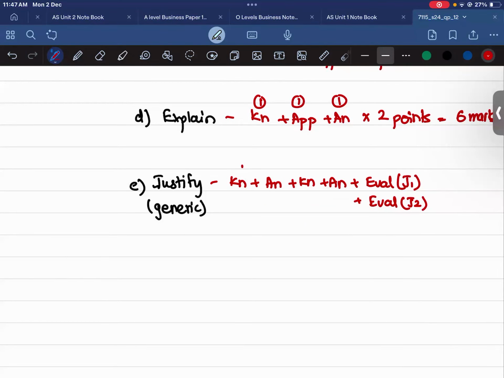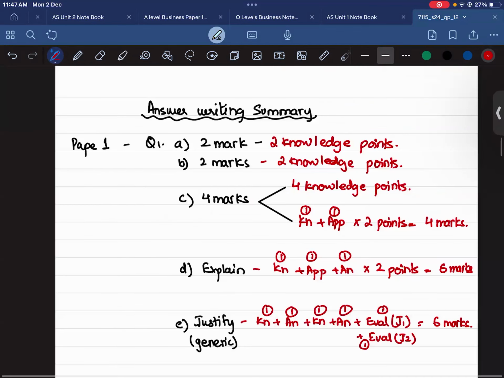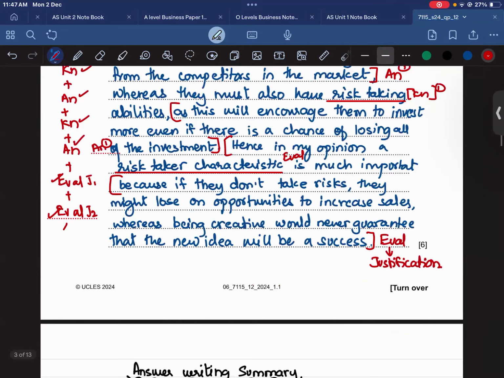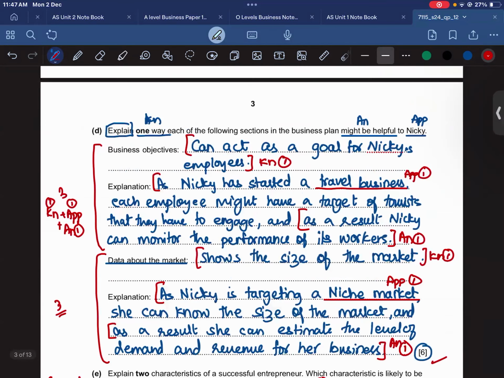So you will get 1 mark for knowledge, 1 mark for analysis, 1 mark for knowledge, 1 mark for analysis, 1 mark for evaluation. Total 6 marks. As it is a generic question, you're not getting any marks for the application. So this is the answer writing summary of paper one.